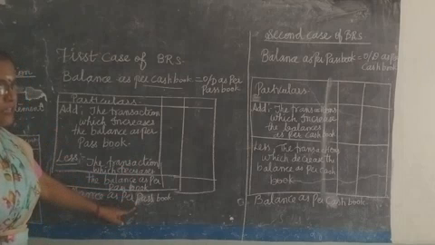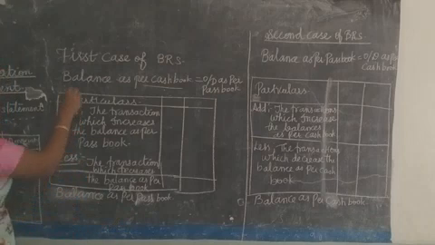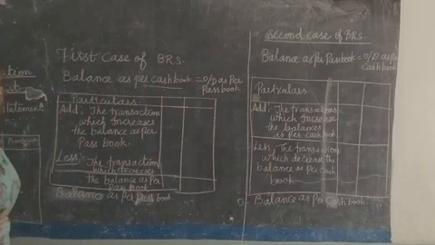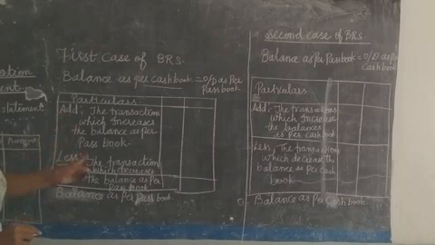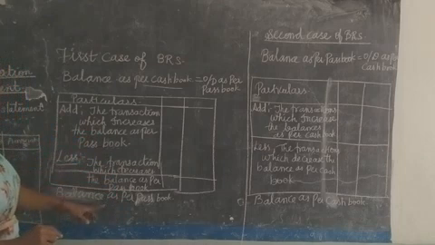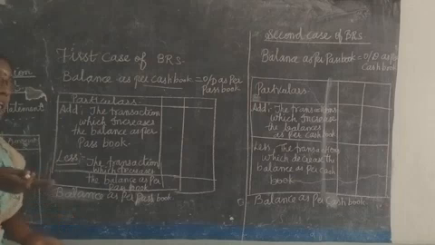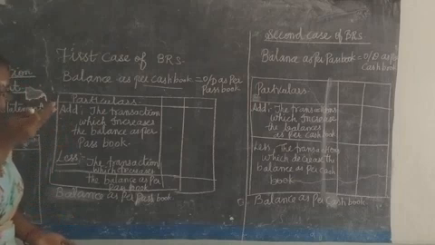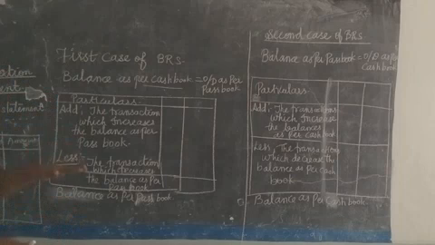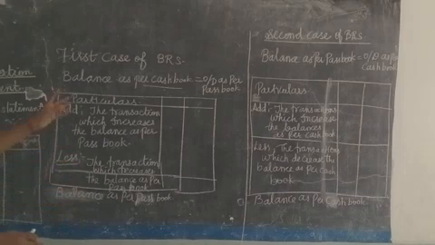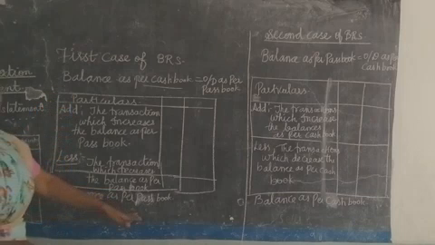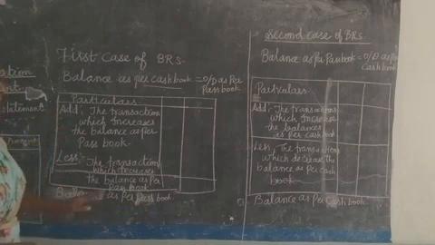Passbook balance we are going to derive, isn't it? So the bank balance as per cash book they will give in the sum, and we are going to identify the bank balance as per passbook. So for the opposite book, the transactions which increase the balance of the passbook must be added, and the transactions which decrease the balance as per passbook will be less. If we do this, we can get the balance as per passbook.